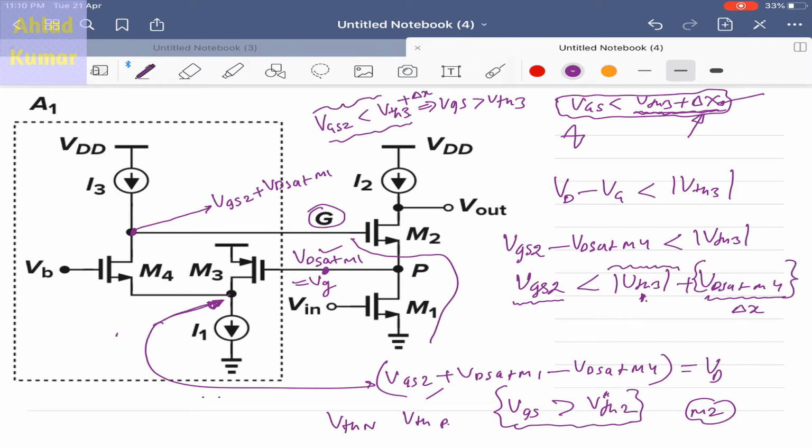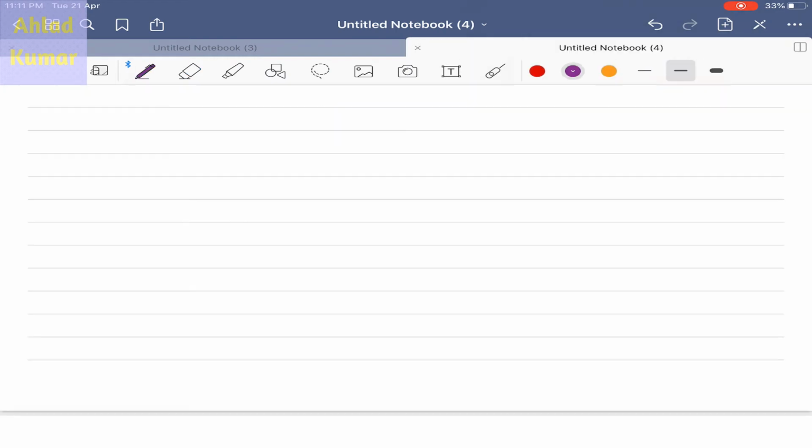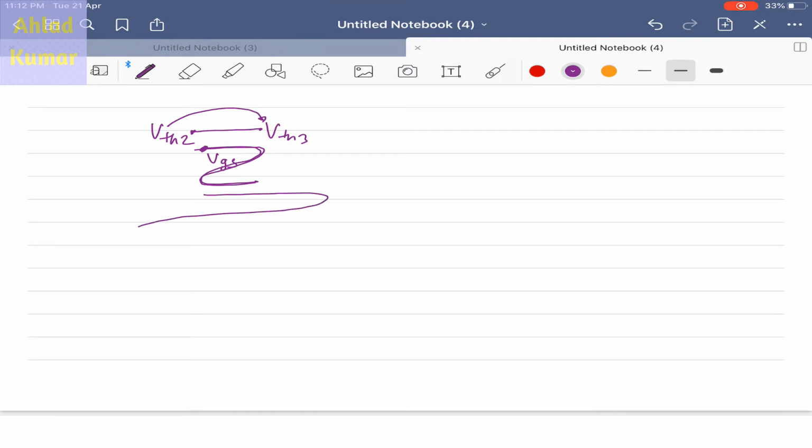So what is happening now? The range is increased. Let me explain it clearly. Earlier we had VTH2 here and VTH3 here, and they are very close to each other. So the range of VGS2, that is the sinusoidal fluctuation required to move from VTH2 to VTH3, is very small. It might be the case that this sinusoidal excitation can exceed VTH3, and at the point where it exceeds VTH3, your M3 enters into triode.